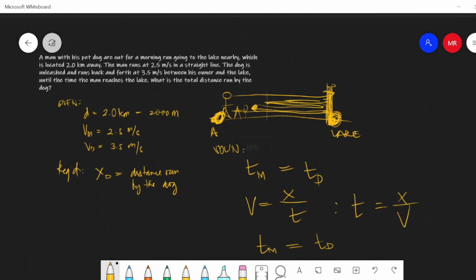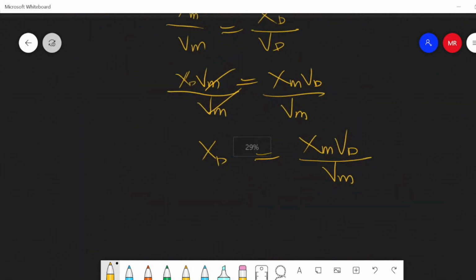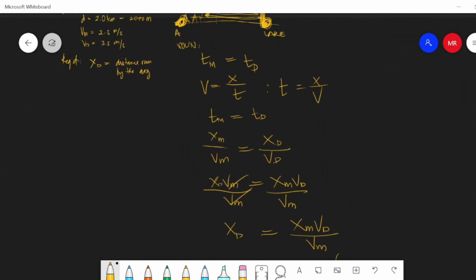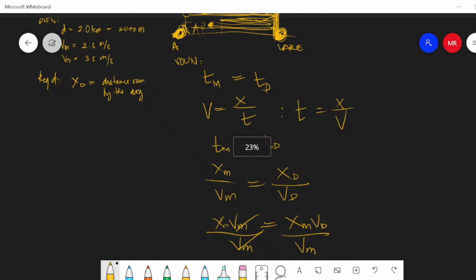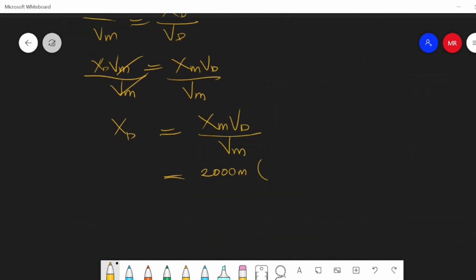The distance run by the man is 2 kilometers or 2000 meters, because the man just goes straight from this point going to the lake. So the distance run by the man is 2000 meters. The velocity of the dog, according to our given, is 3.5 meters per second, and the velocity of the man is 2.5 meters per second.